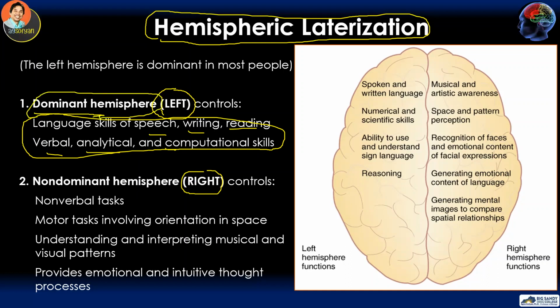That's the reason why most people are right-handed, because they mostly use the left brain. The non-dominant hemisphere, which is the right brain, is used by fewer people, so there are fewer people who are left-handed. Okay, so this is just for information.